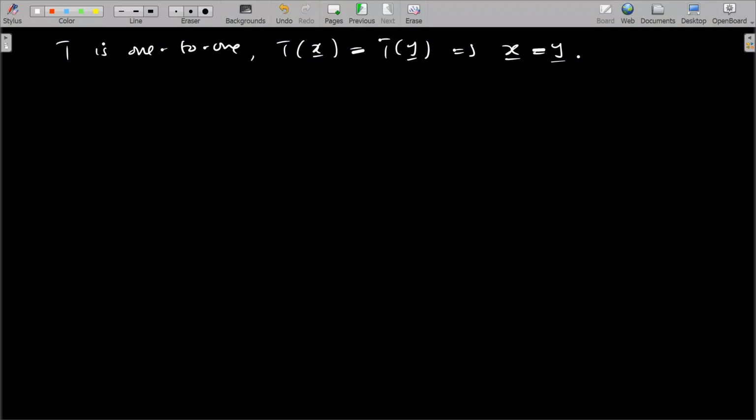Okay, so let's define the vector x to be a1 a2, and then define the vector y to be equal to b1 b2. Now what is T of x?